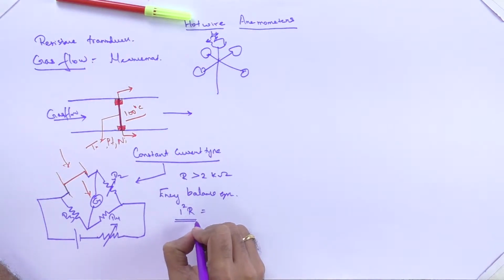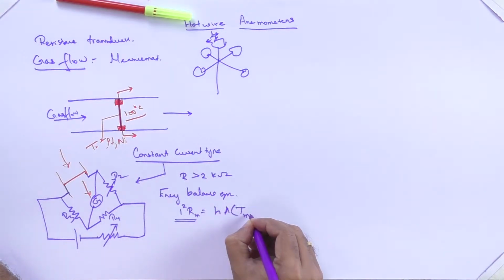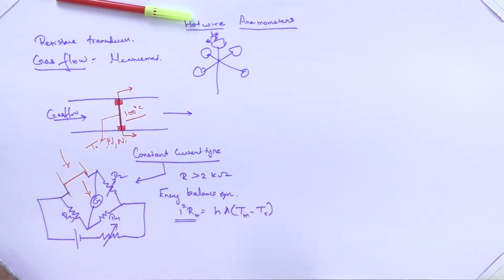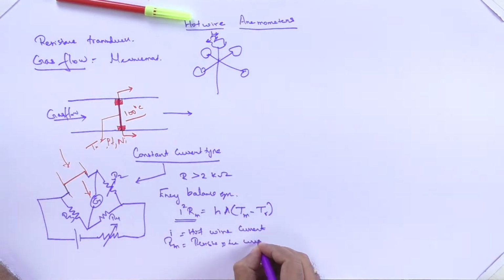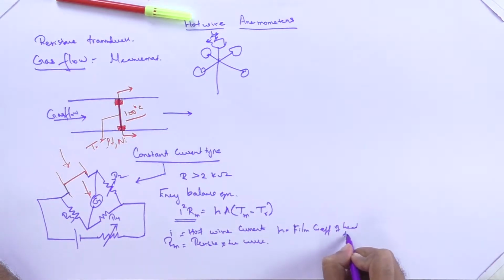So we have I square Rm = hA(Tm - Tf). Here, I is the hot wire current, Rm is the resistance of the wire, and h is the film coefficient of heat transfer.